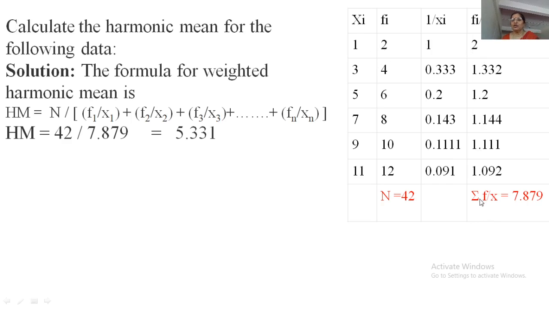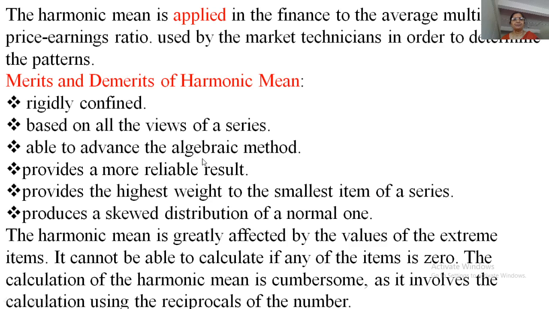So what is summation of f upon x? It is 7.879. So harmonic mean is capital N upon summation of f upon x. N is the sum of all frequencies, which is 42, and 42 upon 7.879 is 5.331, which lies between 5 and 7. So my harmonic mean lies between 5 and 7, which is 5.331.